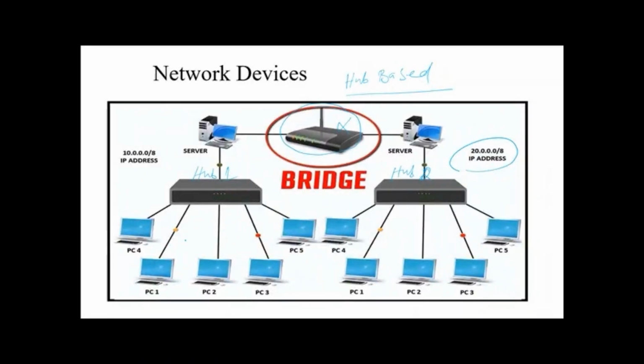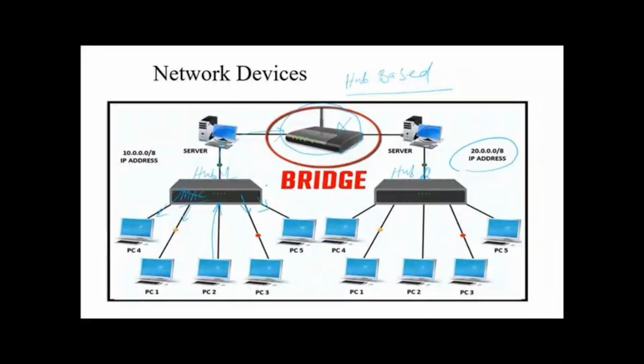In a hub based network, as it doesn't have any mechanism or technique to create a MAC address table or physical address table of the connected computers, once it receives data on one port, it will send that data to all other ports, this way.